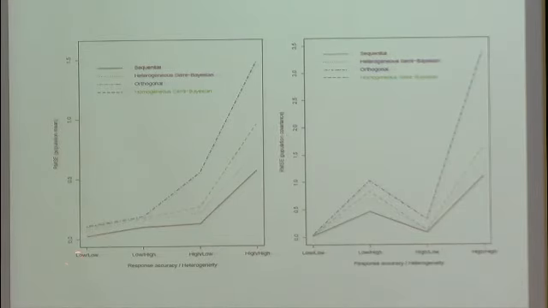So this is the result for low accuracy, low heterogeneity, low accuracy, high heterogeneity, high accuracy, low heterogeneity, and high accuracy, high heterogeneity. And whatever the situation, it outperforms the other approaches.